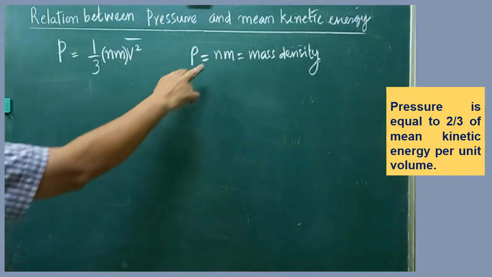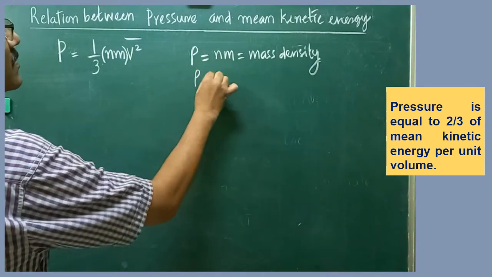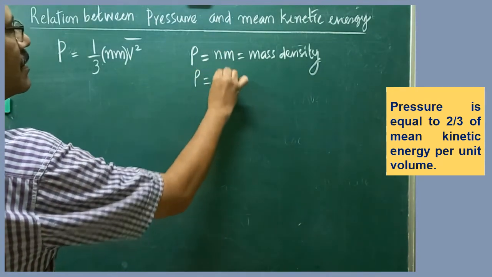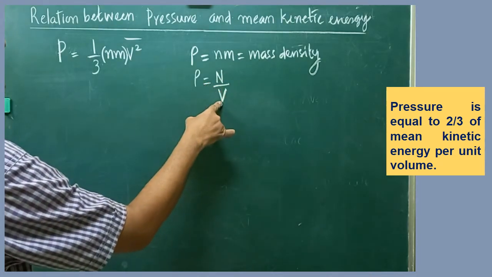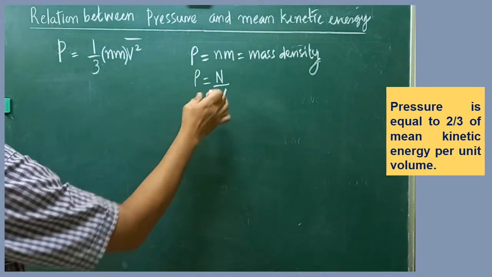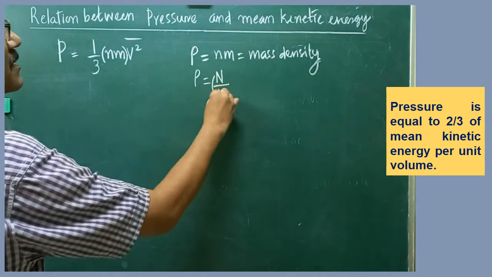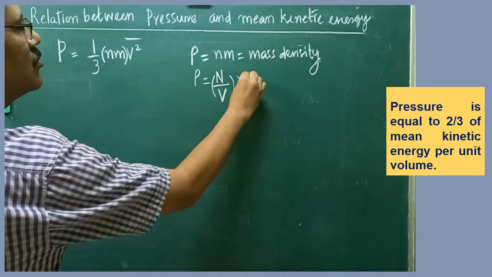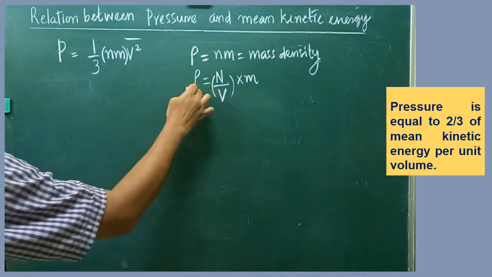Already we have learnt what small n is. n is called number density. Instead of n, N by V can be written: total number of molecules present in a particular volume. This is called number density. Number density into mass gives you mass density.